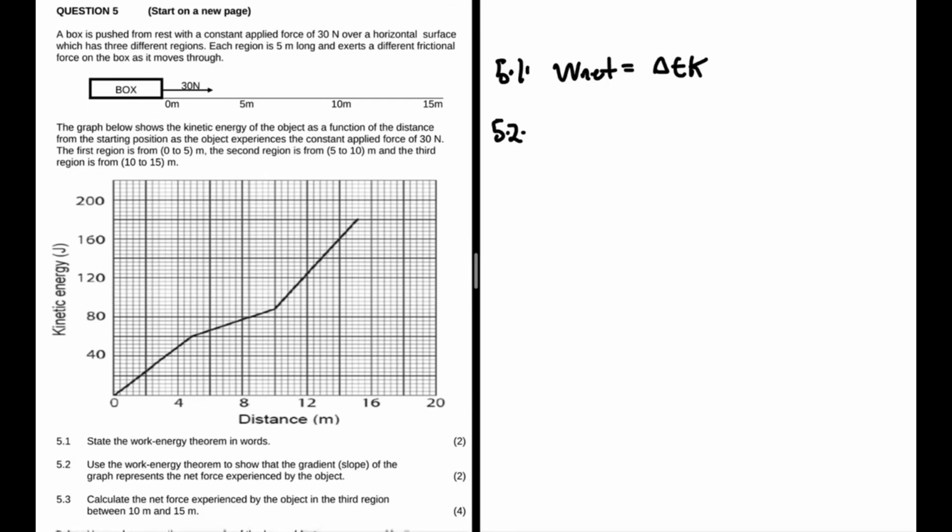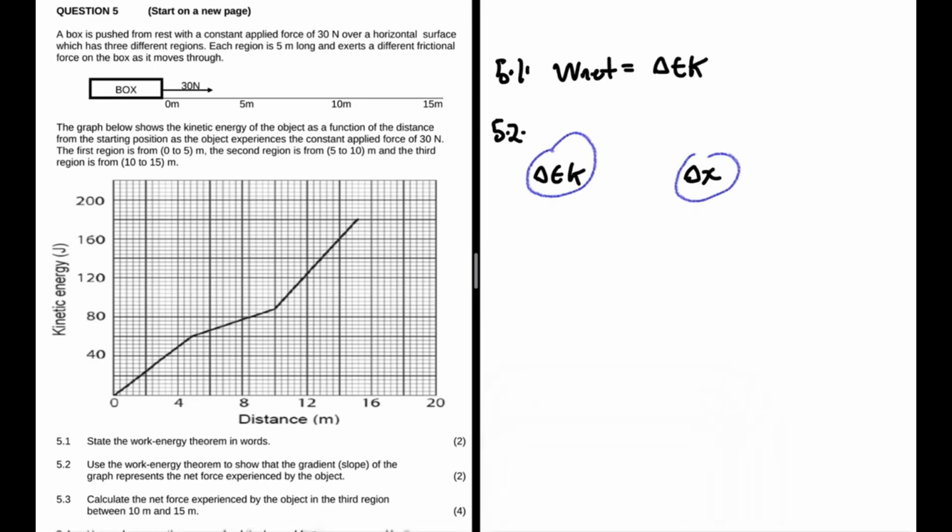So in work, energy, and power, we have delta EK and we have delta x. So we need to find a relationship where on the y we have delta EK and then on the x we have delta x. From the work energy theorem, right, 5.1 is hinting us on what we need to use.